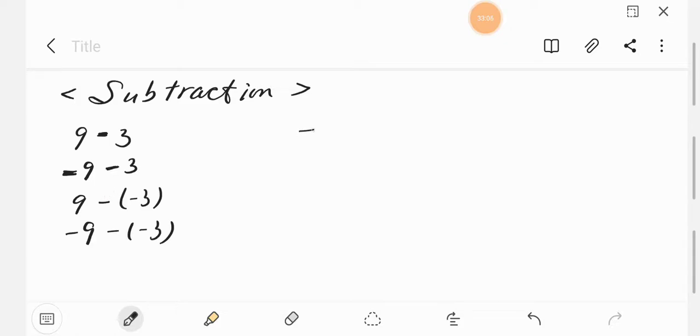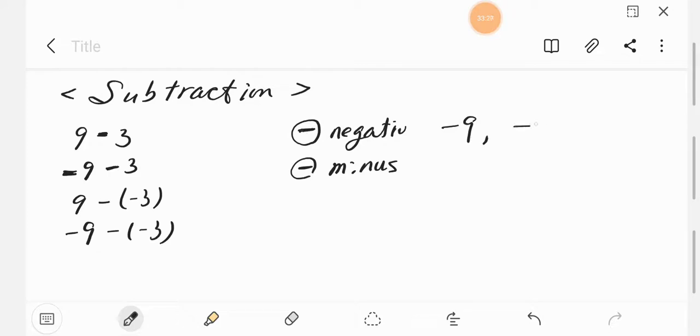So sometimes this is a negative number and you read this one as a negative, or sometimes you read this as a minus. When a number is negative, read it as a negative number.